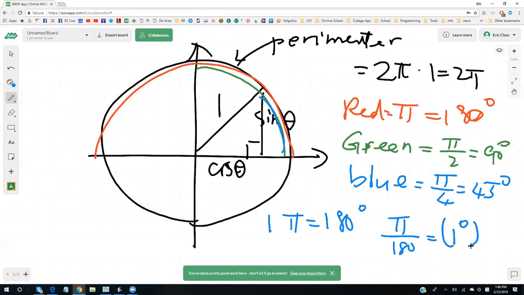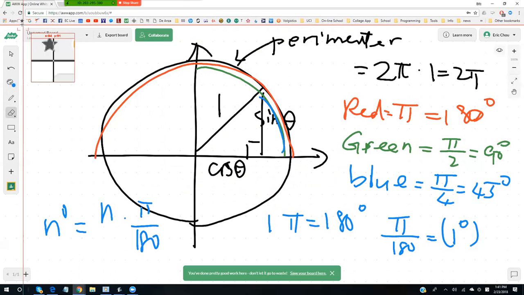So I have n degrees equals n times pi over 180, right? So if I have 45 divided by 180, that would be 1/4 pi, right? So that's the conversion ratio between pi and the degree. Sorry, I should take a picture.